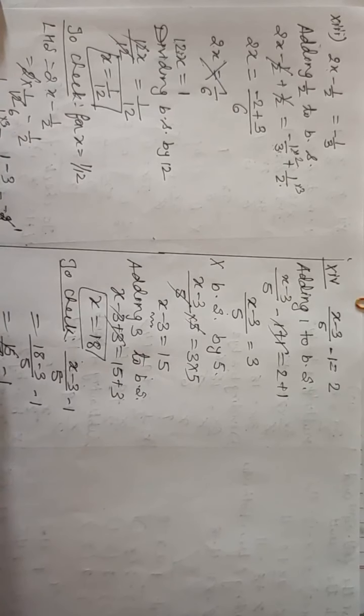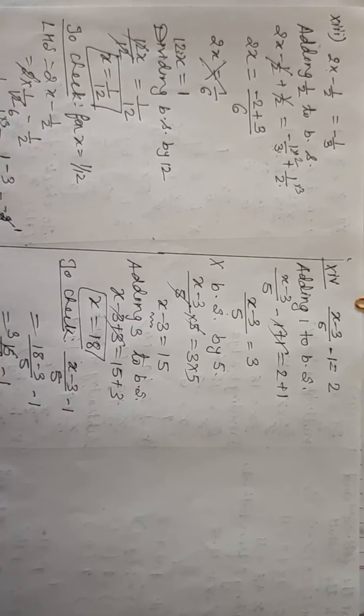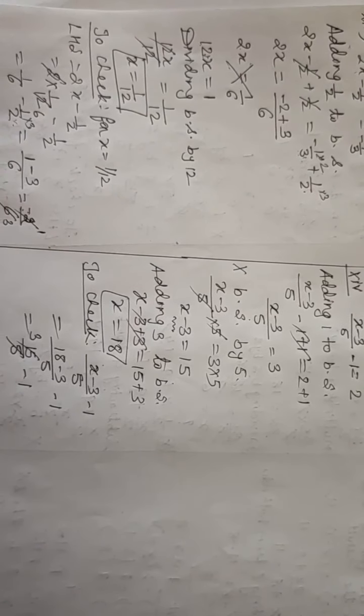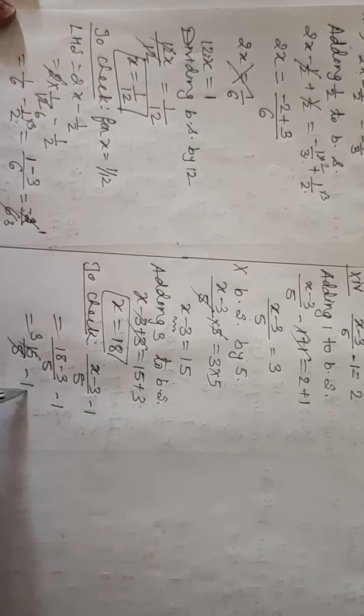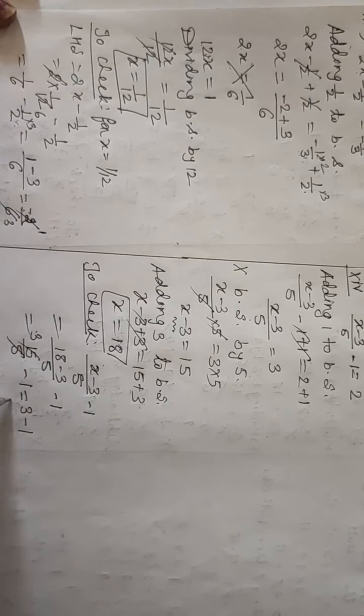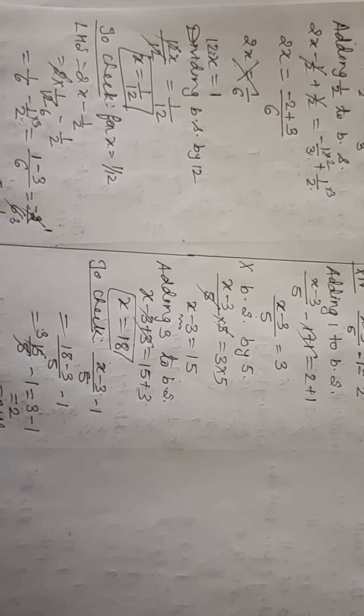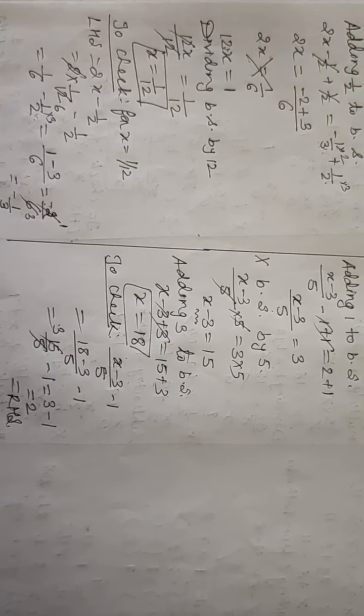Now you can simplify this, so you will get 3. Then 3 minus 1 is equal to 2, which is equal to the RHS. You see your right hand side is 2. So I hope you understood this example also.